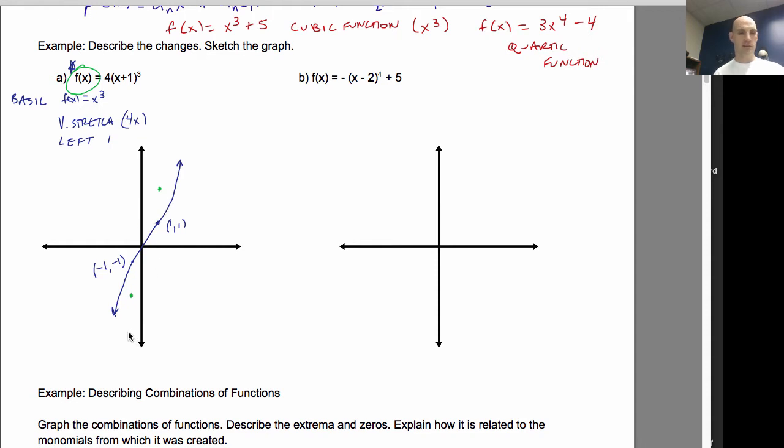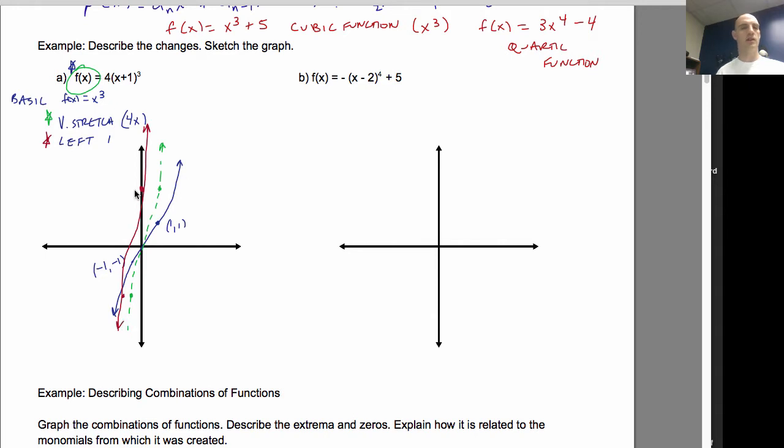That's the first transformation. And then if I graph in red my final one, it's going to be left 1, so here, and then here. So my final curve is going to go up something like this.